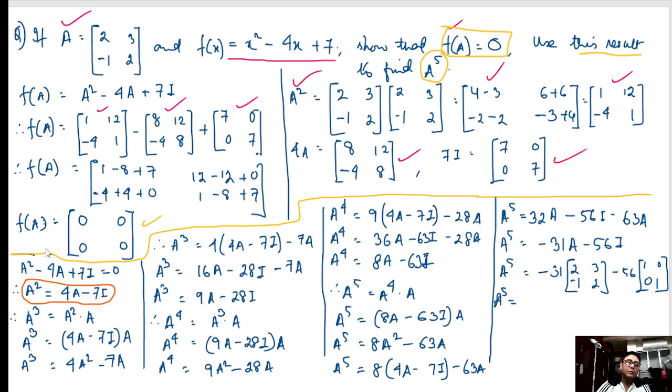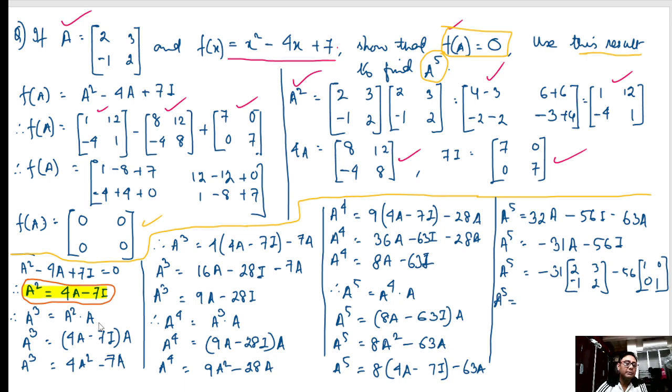So see, we know A square minus 4A plus 7I is 0. So what is A square? 4A minus 7I. Please keep this in mind that this is our A square. Now watch. If I want to find A cube, what will I do?